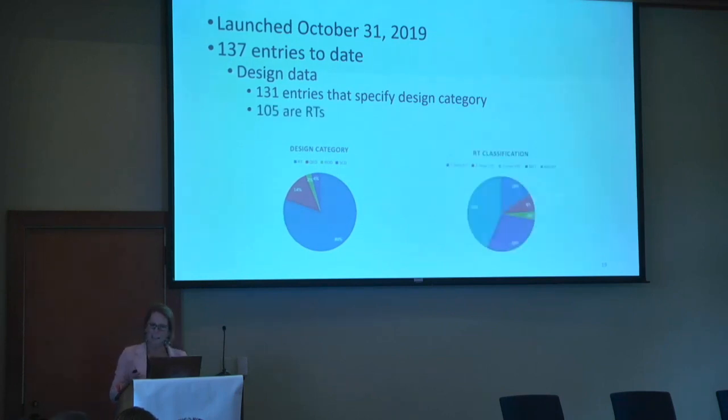More specifically, I'm very interested in research design, and I want to know the types of designs that folks are doing. So I just pulled within those 105 randomized trials and said, okay, what are the actual classifications of the designs that are being done? You can see on here, the lighter blue is a multi-site cluster randomized trial.